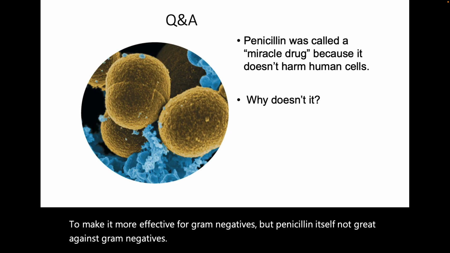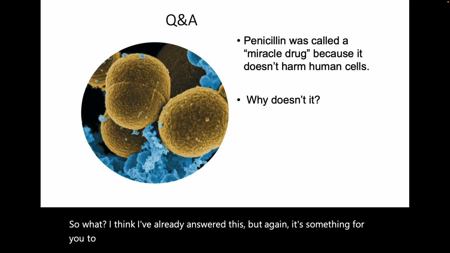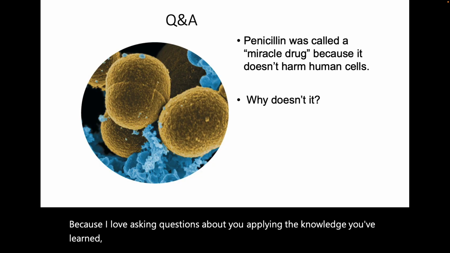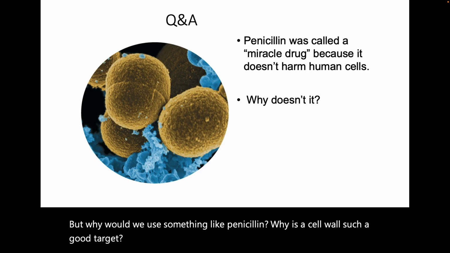So I think I've already answered this, but again, it's something for you to think about because I love asking questions about you applying the knowledge you've learned, not just, can you tell me what penicillin does to the cell, but why would we use something like penicillin? Why is the cell wall such a good target? Right? It doesn't harm human cells.